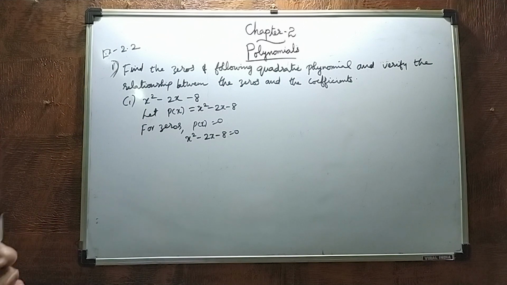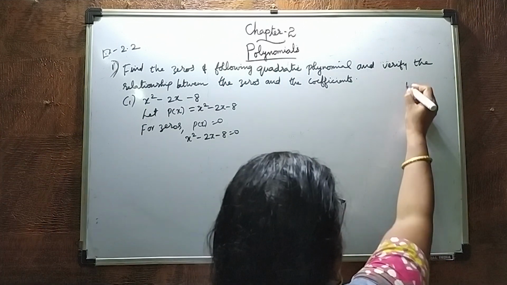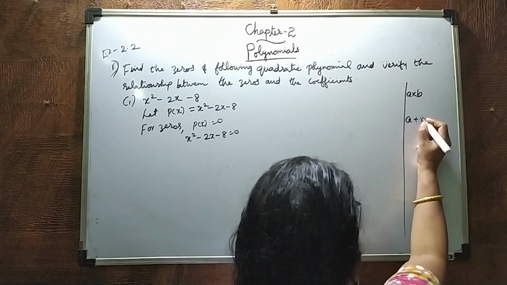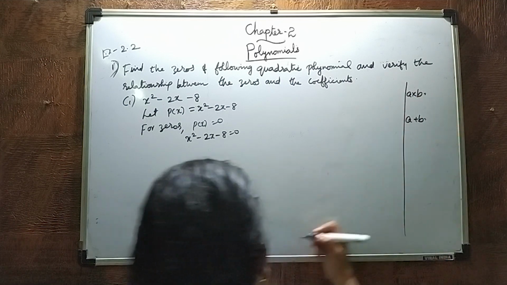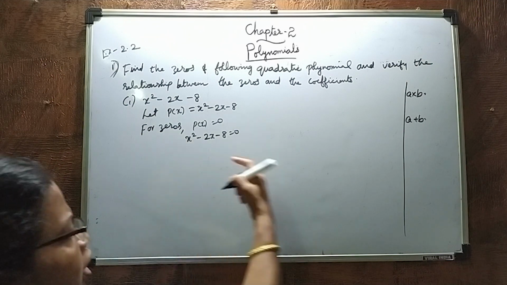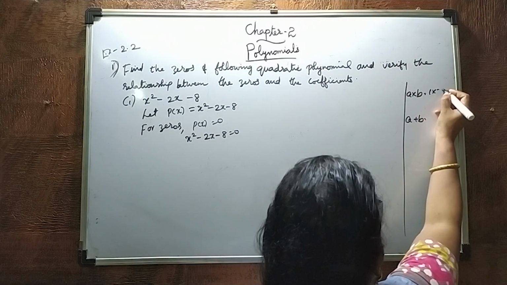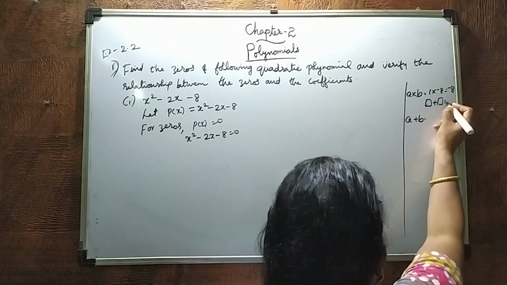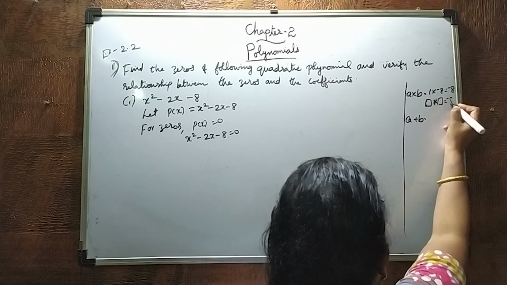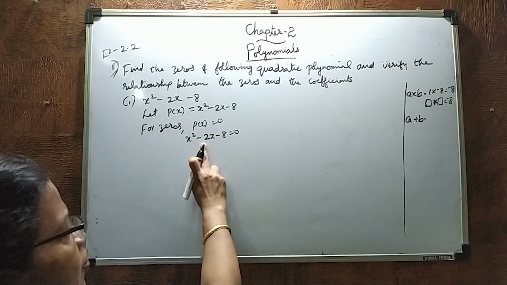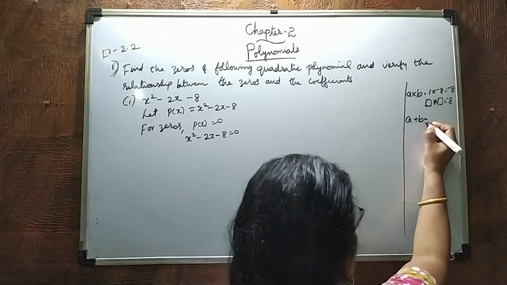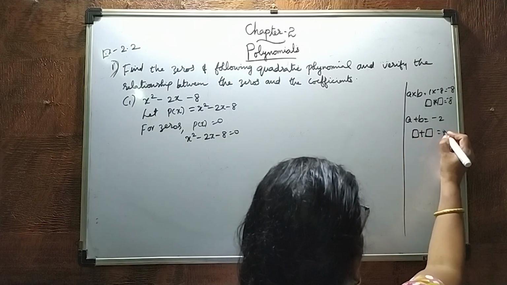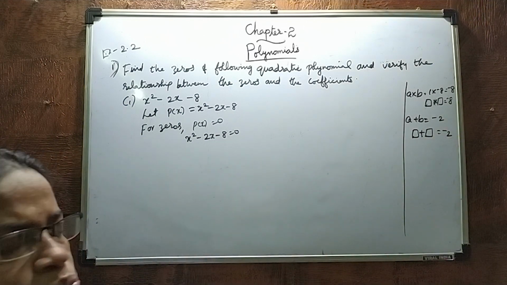Now you have to find a into b and a plus b. A into b is 1 into negative 8, which is negative 8, so the numbers should multiply to negative 8. And a plus b is negative 2, so when you add the numbers you should get negative 2.